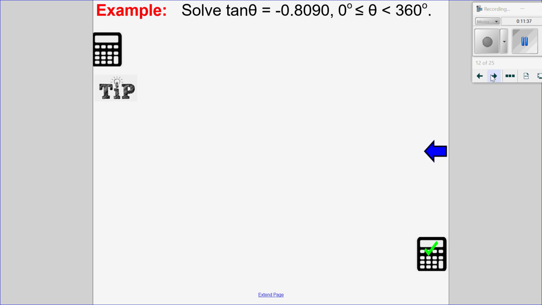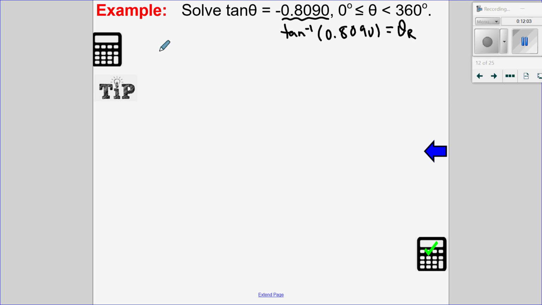I want to solve tan theta equals -0.8090. So the first thing is, let's focus on what the reference angle is. If I look at just this number and I do tan inverse of it without the sign, that's going to give me my reference angle.